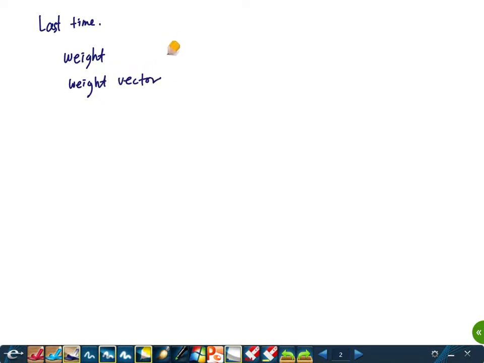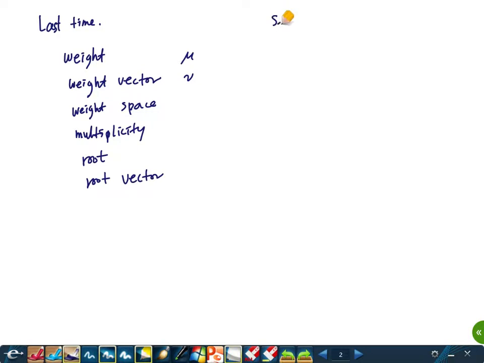So we denoted, say, mu, v, and we learned weight space and multiplicity, and what else? Root and root vector. They are all for SL3C.